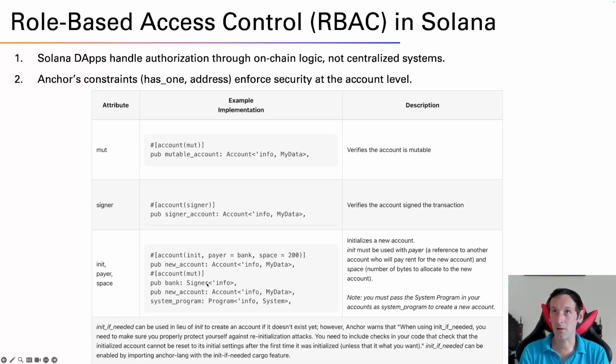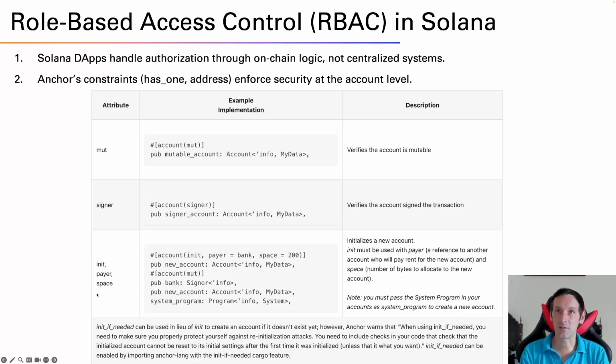You have the payer, so who's the entity that is going to pay for transaction fees and rent for the account, because without paying enough rent, you're not going to be allowed to continue. There is a small amount of rent that you need to pay, so you need to pay enough to be rent exempt. But I'm not going to go into more details on rent just yet.